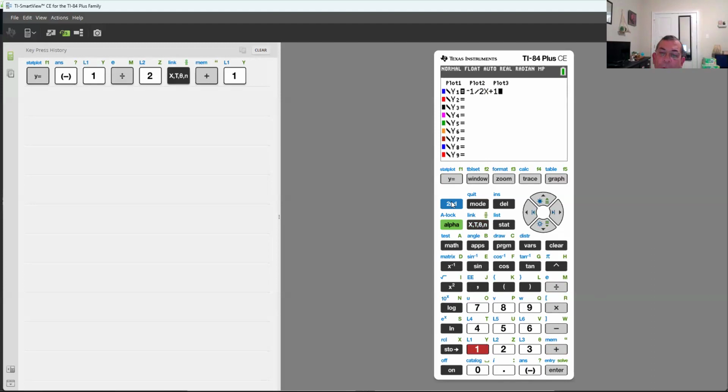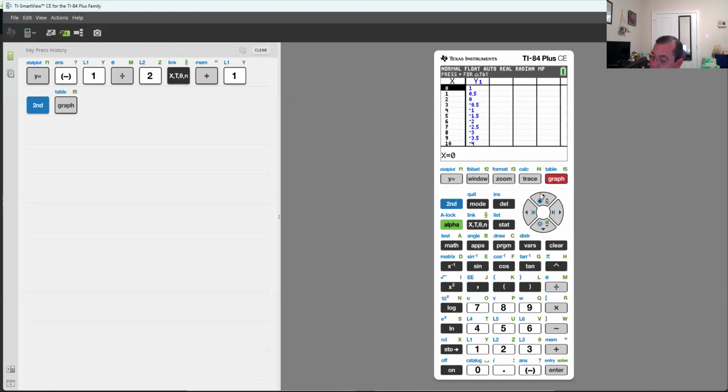So at this point, if you want to, you can hit the blue second button and the graph button, and that'll pull up a table. So y'all, I had 0, 1 for my x and y, and then I had 2, 0 for my second point. Notice if you don't get numbers that'll cancel the fraction, you have to graph decimals, okay?